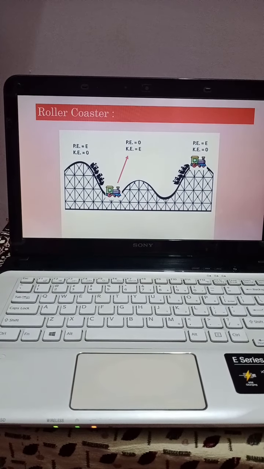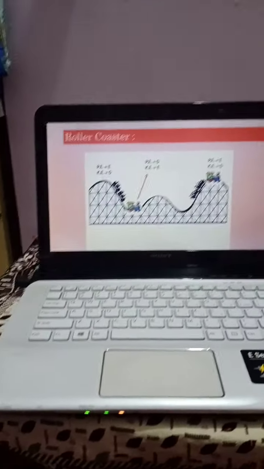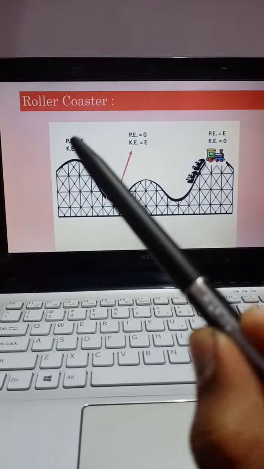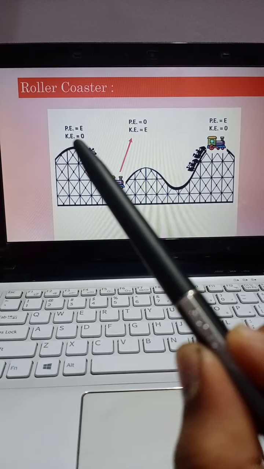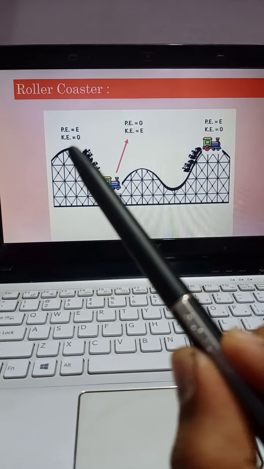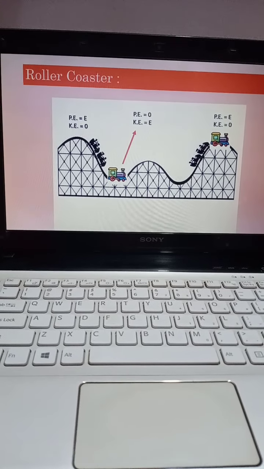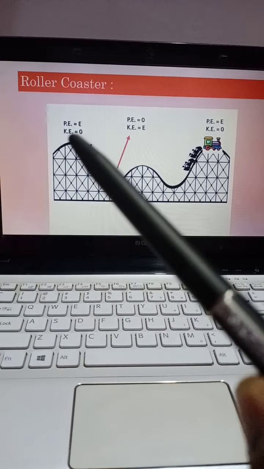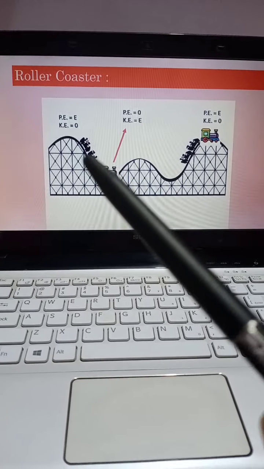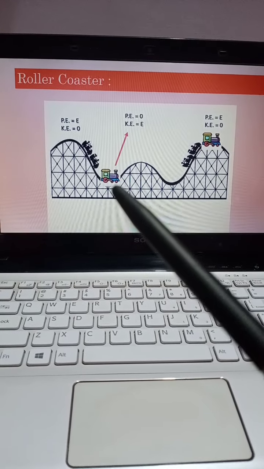Next example is the roller coaster. In the case of a roller coaster, suppose the train is at this position, at the maximum height, it has its maximum potential energy. When the train is released, it starts moving down, and this potential energy converts into kinetic energy.